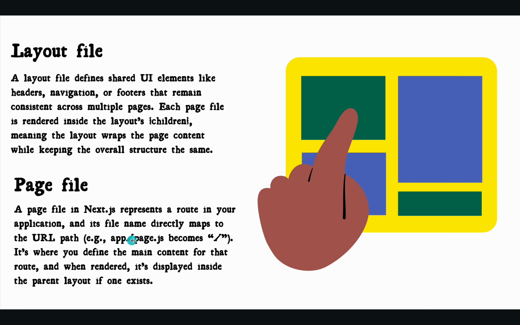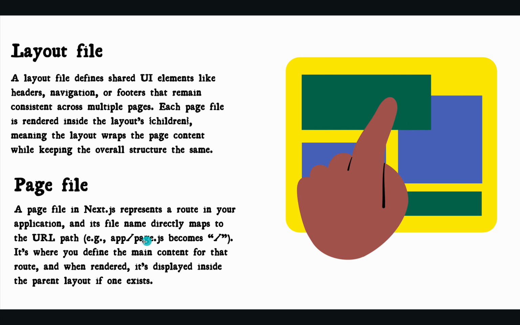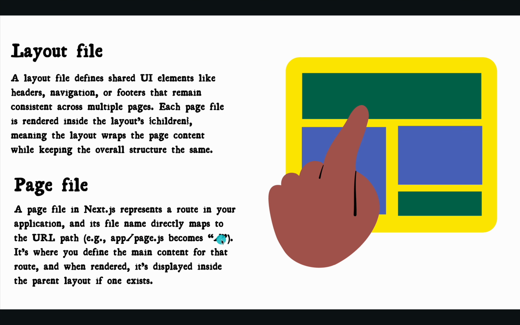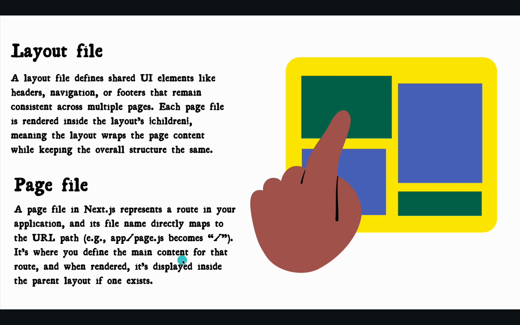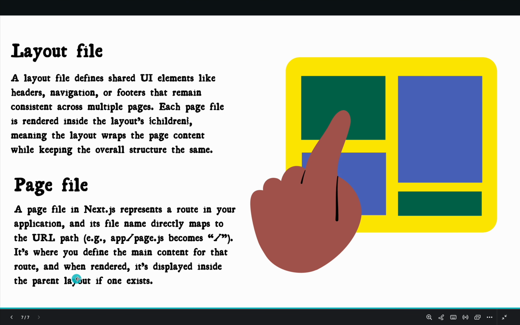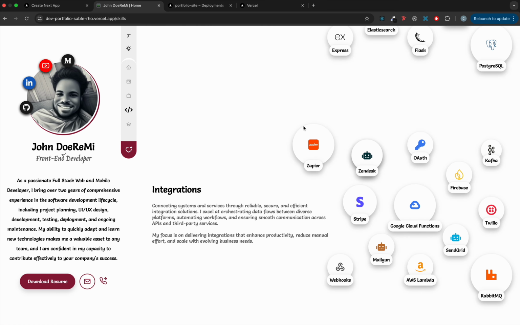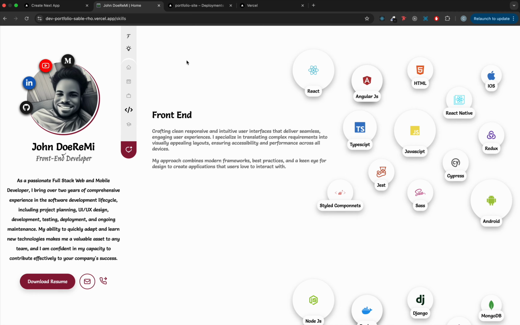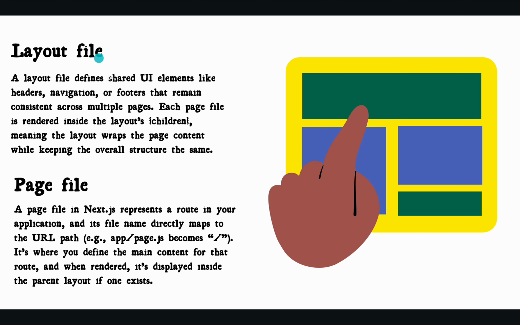Because there's no folder inside the app, and the page file is returned, which is the component. Again, we're going to learn more about this later, but this is what's happening. It's where you define the main content for that route, and when rendered, it's displayed inside the parent layout file, if one exists.